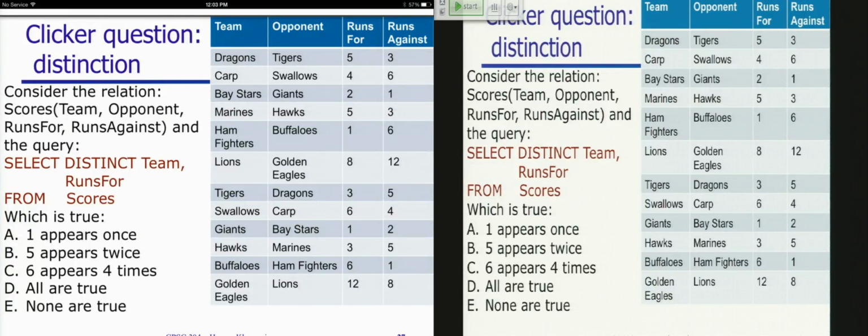Well, I guess that's the same question as someone else asked, but that doesn't make sense, right? So you're saying I want all the teams, but I want run for to be distinct. So what is it that you would expect to get back? Because for each tuple, you would have either the whole item being there, or you wouldn't have it, right? So if you have team dragons with 5, and then we have marines with 5, do you expect to see both of those?